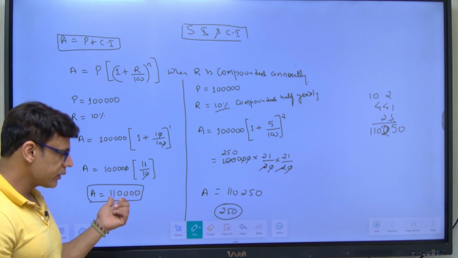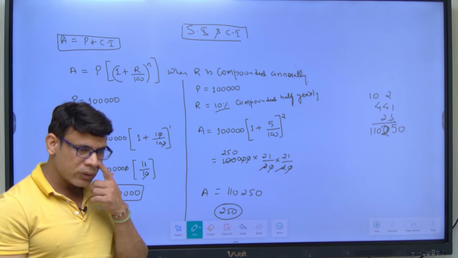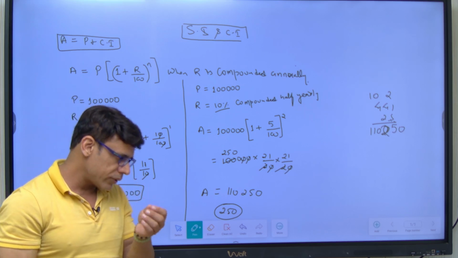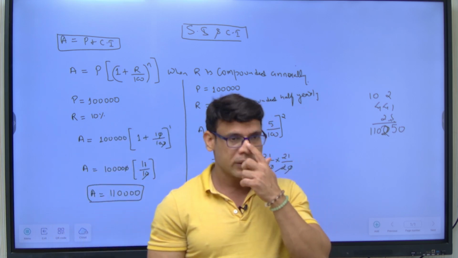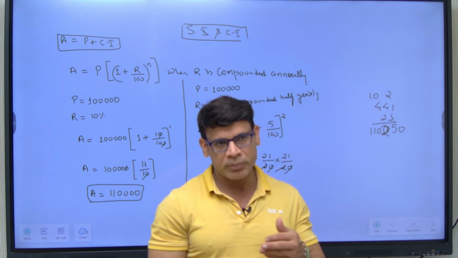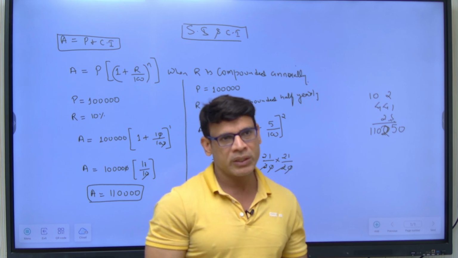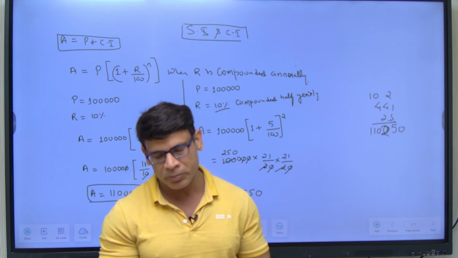Here 1,10,000, there 1,10,250. Understand, if you are taking a loan from some bank for your higher education or for anything, and the bank is charging you a rate of interest compounded half yearly, you should not take it. And remember, if this whole thing is converted into EMI, it's monthly, right? You end up paying much more.